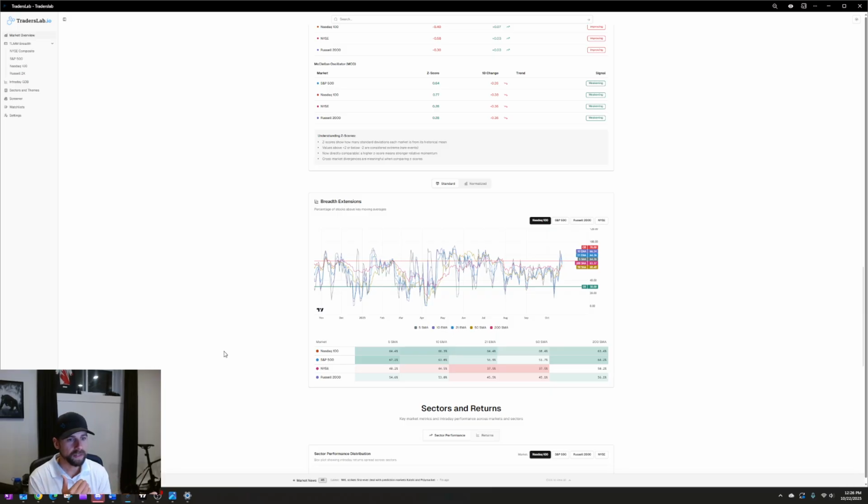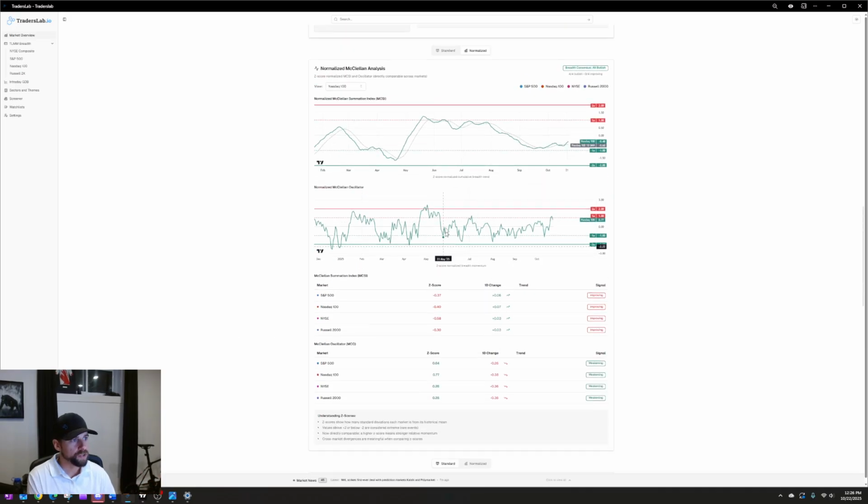So it's always hard to build rules because there are different time frames of breadth extensions, and using the McClellan oscillator being normalized really simplifies the process. It's not perfect. Nothing is perfect, but at least you have clear rules and a clear process.